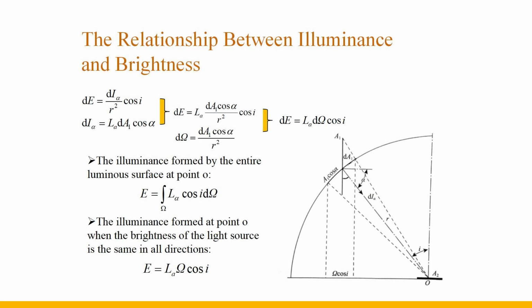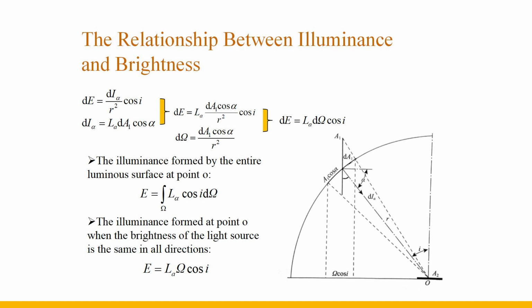The relationship between illuminance and brightness refers to the relationship between the brightness of the light source and the illuminance it forms. In the figure, A1 is a light-emitting surface with the same brightness in all directions, and A2 is an illuminated surface. dA1 is a macro-element area on A1, which can be regarded as a point light source due to its small size compared with the distance from the illuminated surface.